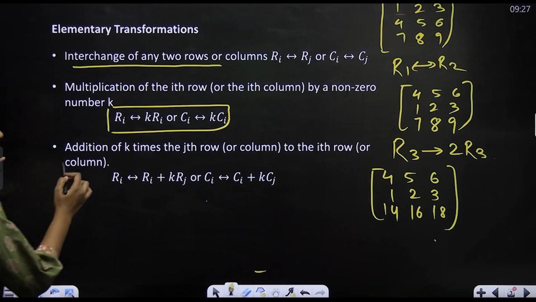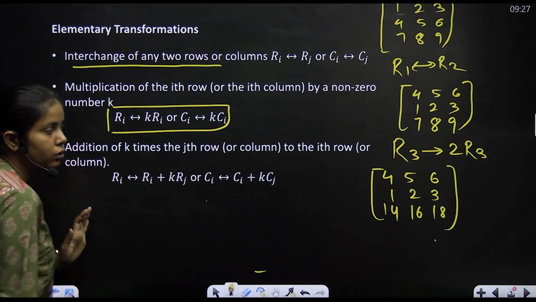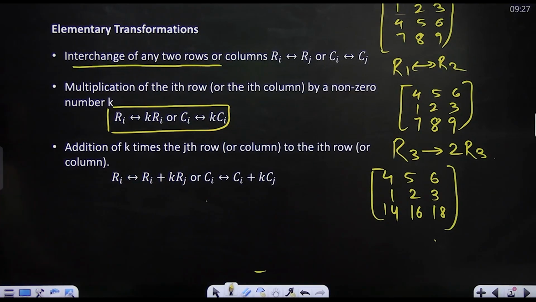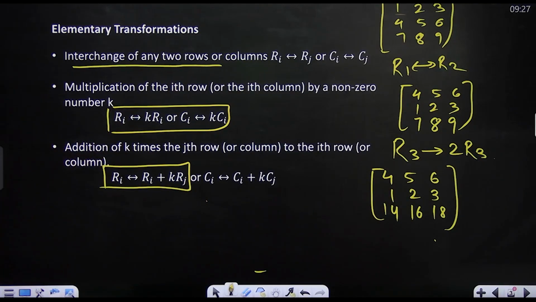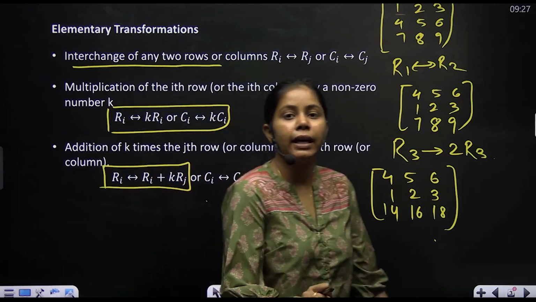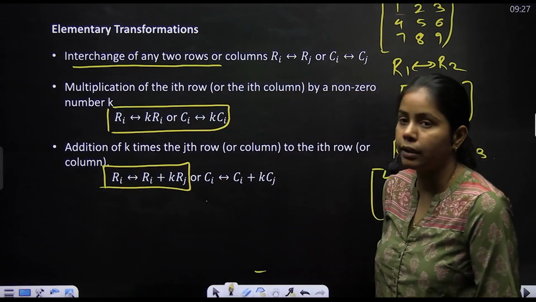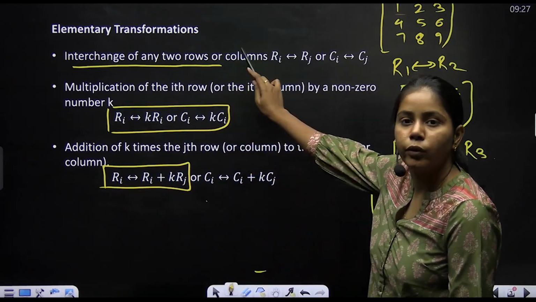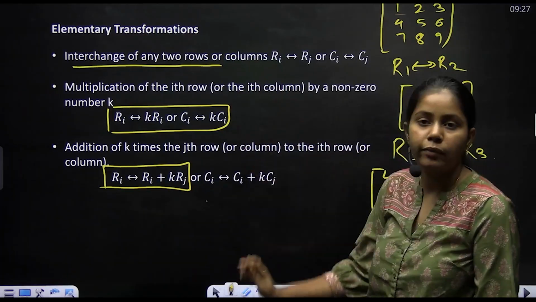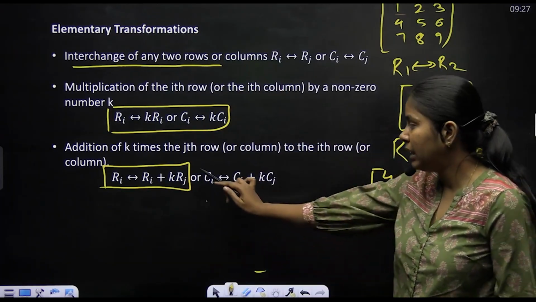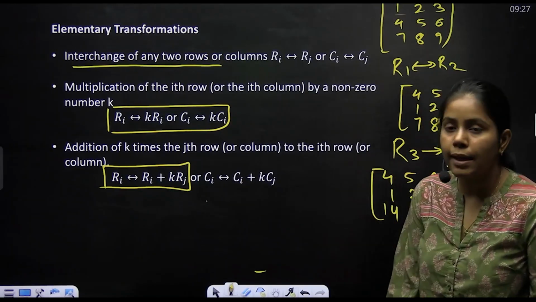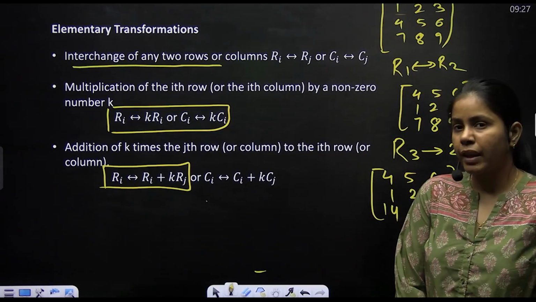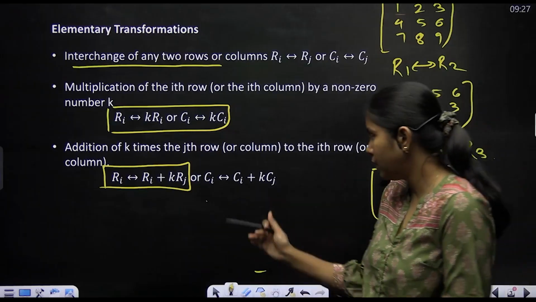The third transformation is addition of k times the jth row to the ith row. That means I am making a change in the ith row with the help of the jth row by multiplying Rj by k. That's the same thing we did in determinant, but we said that it does not change the determinant. The first two change the determinant: one multiplies it with a minus sign, the other multiplies the determinant with k. But this third transformation does not make any impact on the matrix determinant. So what is the operation?